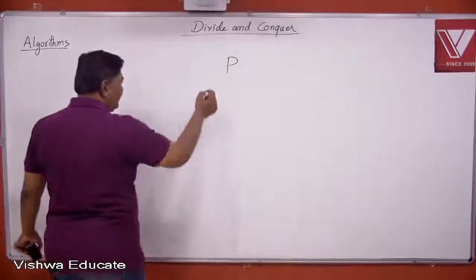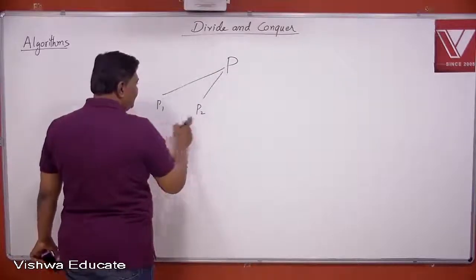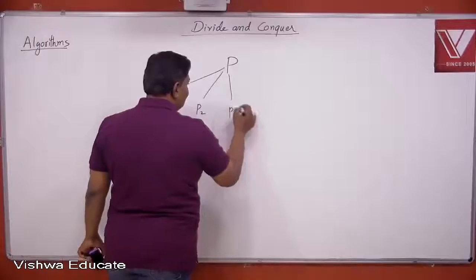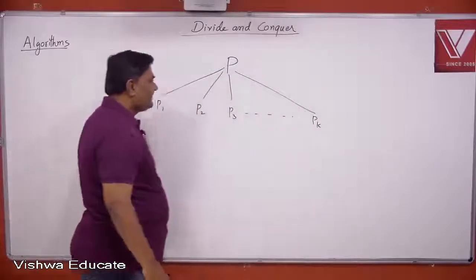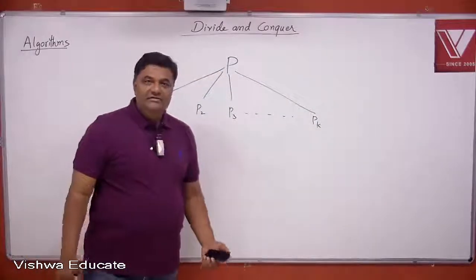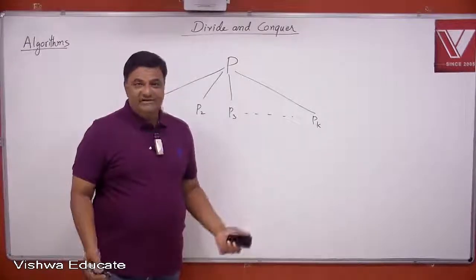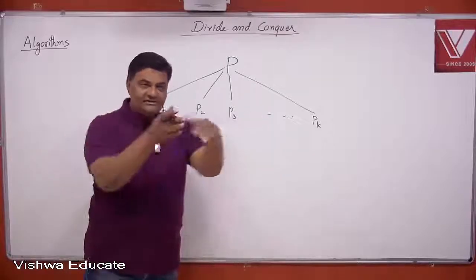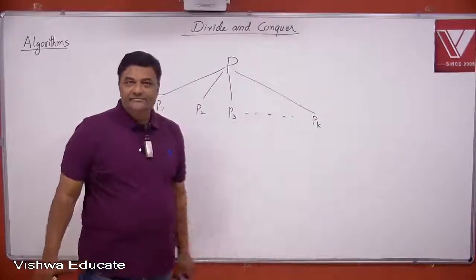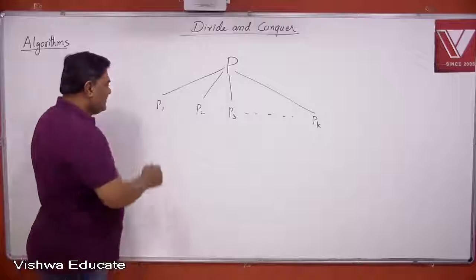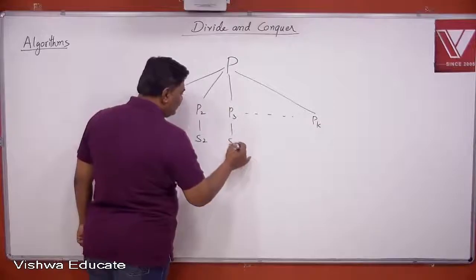Divide and conquer strategy says to divide the problem into sub-problems P1, P2, P3, going on to some K sub-problems. Two or more sub-problems, minimum two. It cannot be one, because one means it is the same problem. So split the actual problem into two parts, or three, or four, or ten parts, whatever it is, K parts, any number of parts. Then solve each individual problem and get the solution for each.